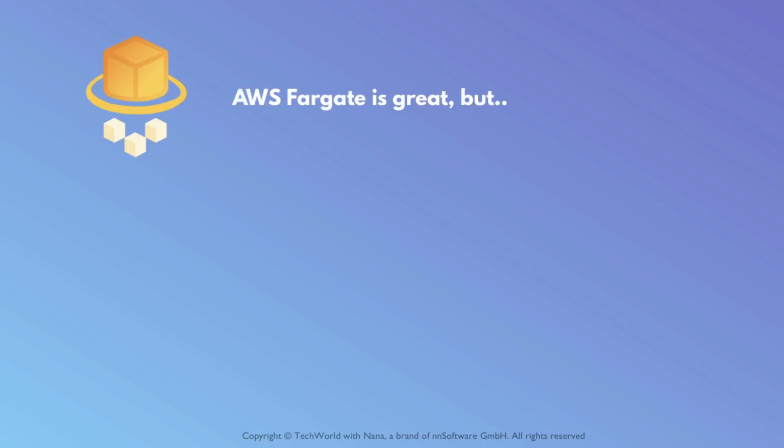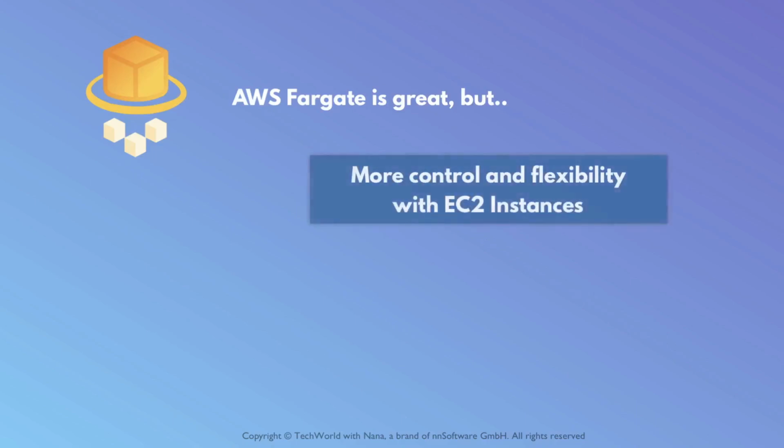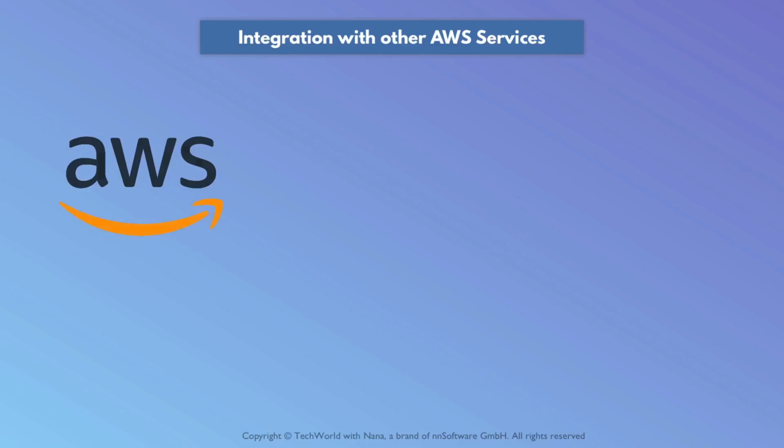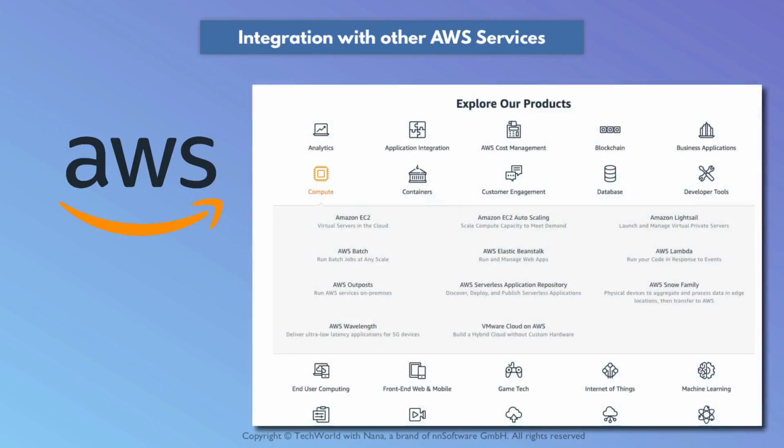However, again, if you need more access to the underlying infrastructure, the actual infrastructure running your containers, then you have the flexibility and access with EC2 instances. And of course, when you run your containerized application on AWS infrastructure using AWS services, you have the advantage of using any other AWS services from the AWS ecosystem, right?